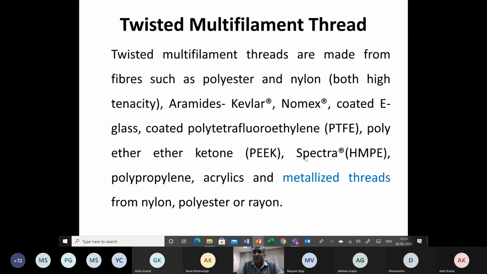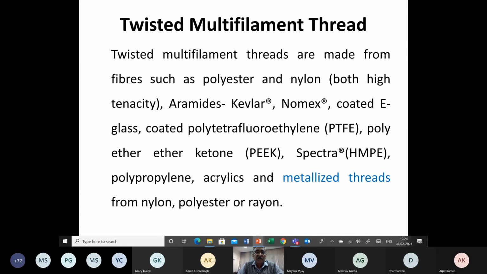And Spectra we use for bulletproof fabrics, and for very high strength also. In that case, the sewing thread also has to be high density polyethylene. Spectra is a trade name, okay? Spectra, Dyneema, they're all trade names produced by different manufacturers, but basically they are high modulus polyethylene.